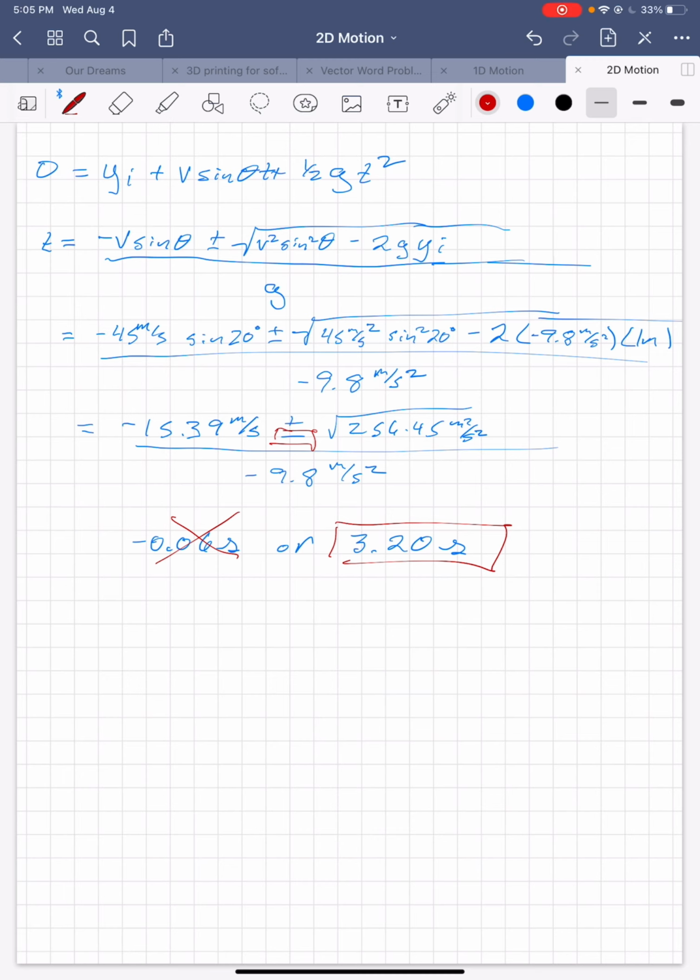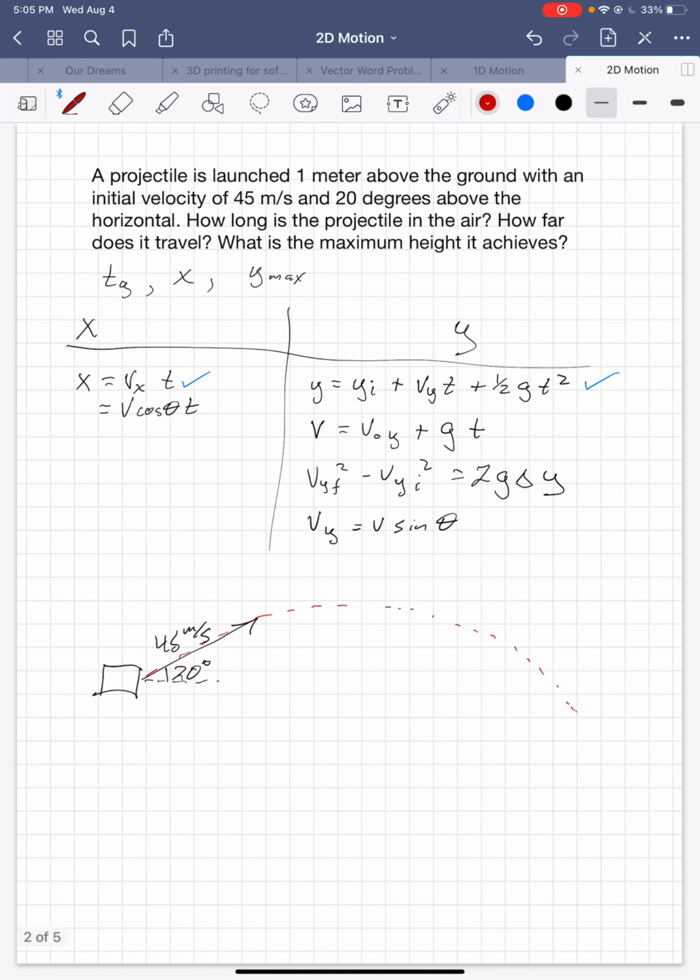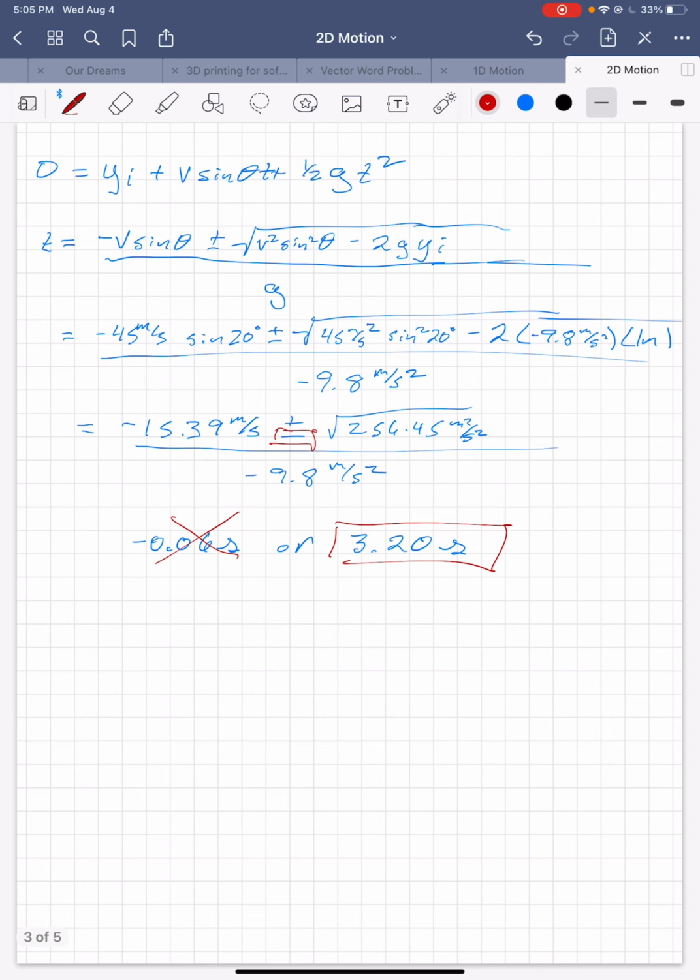Now to find the range, so this is sort of the answer to one of these questions, right? So it's the answer to part B, or part A here. And then to find part B, all I have to do is come back and say, well, the distance it travels, the range, x, is equal to v cosine theta, the time it's in the air.